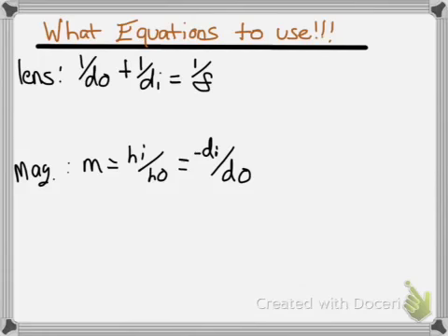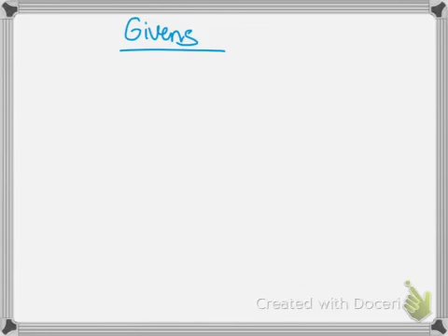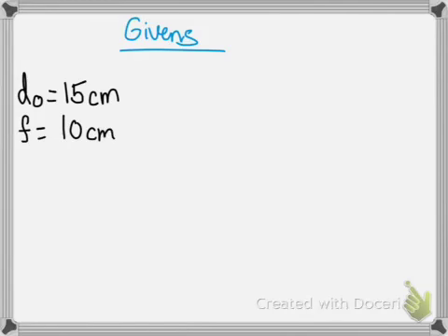Now let's give our givens. The distance of object is equal to 15 centimeters, and the focal length, f, is equal to 10 centimeters. Both are in centimeters, so we don't have to change the units.